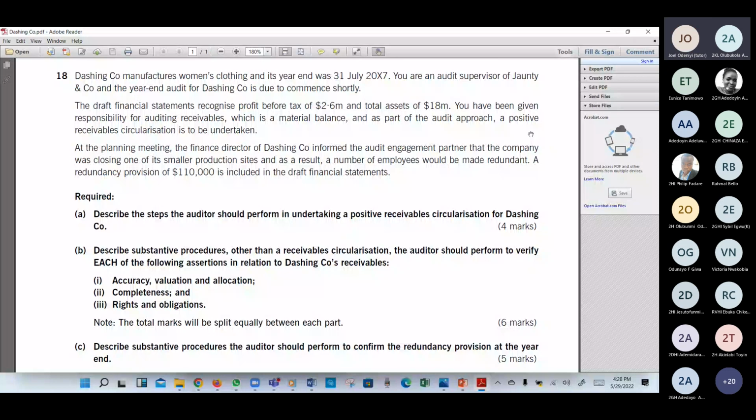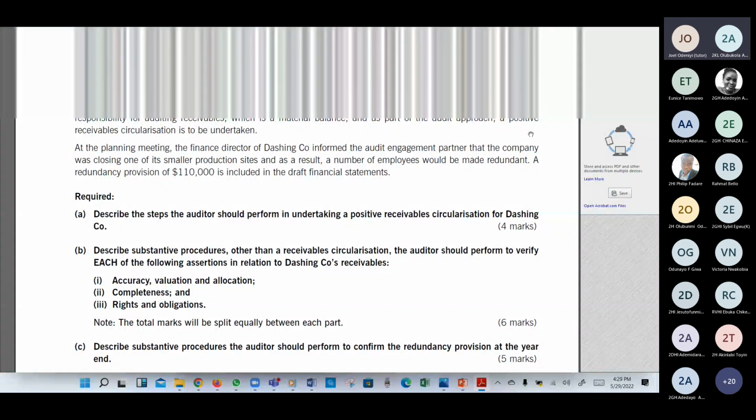But the key thing is that the confirmation letter must always be on the client's letterhead. It cannot be on the auditor's letterhead. And the letter should always be signed by a senior member of the client. And also, the letter must state that responses to that circularization letter should be sent.